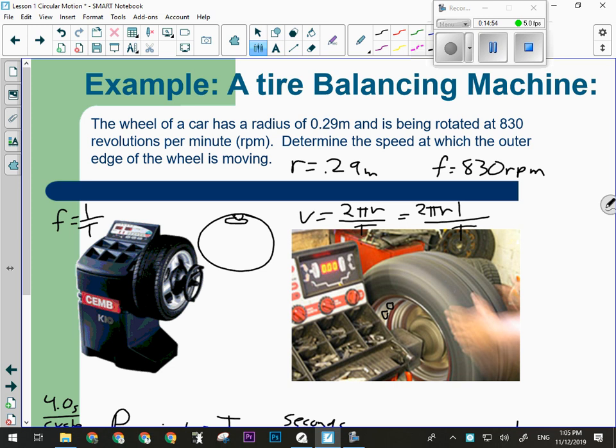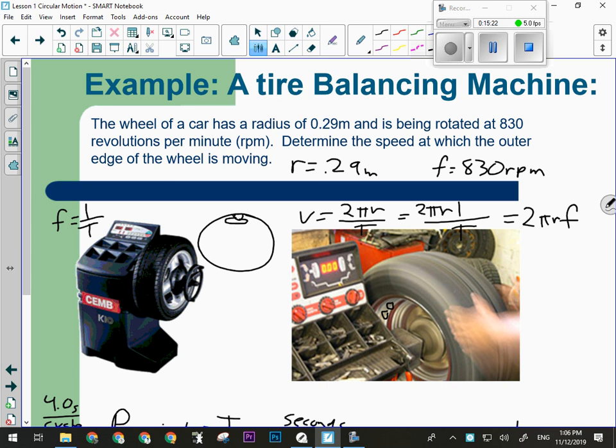Yes, that would be true. If f is 1 over T and T is already on the bottom, I'm dividing by T or multiplying by f. It's the same operation because they're the inverse of each other.